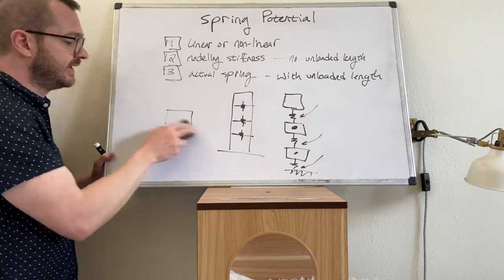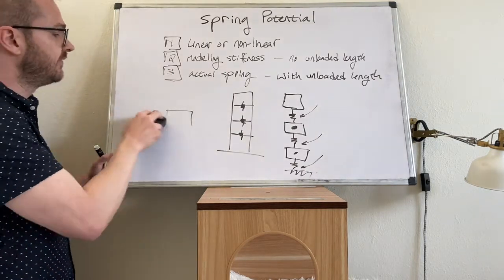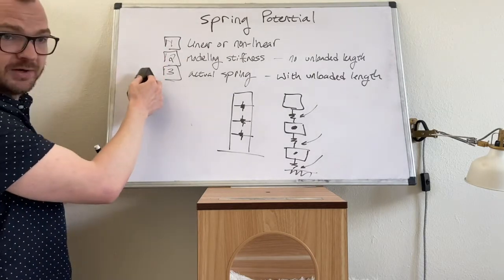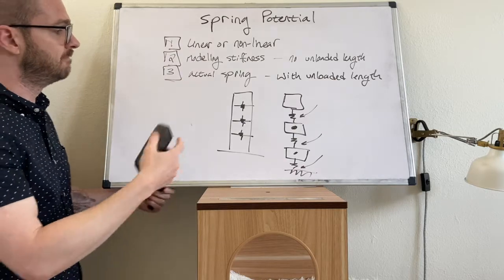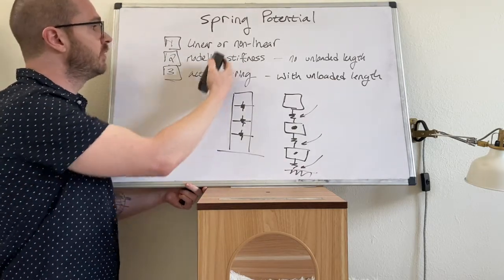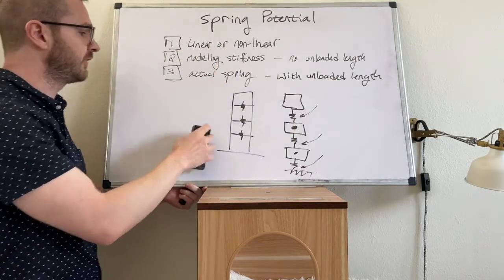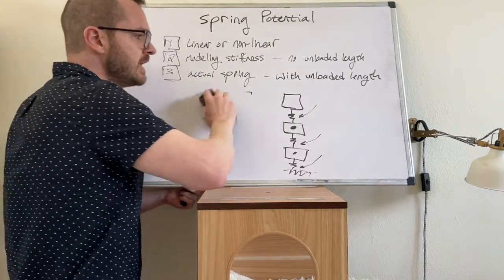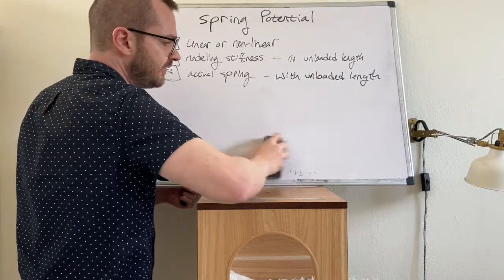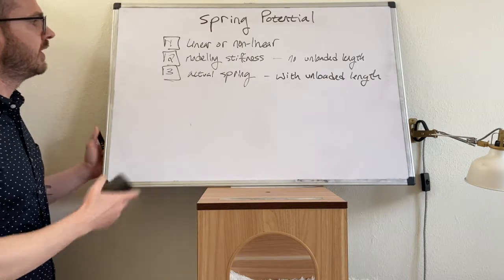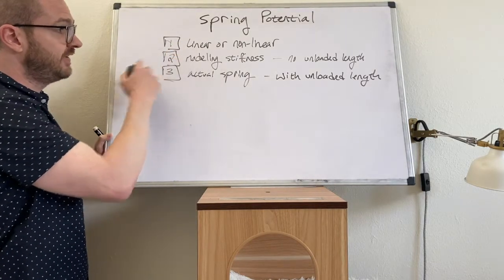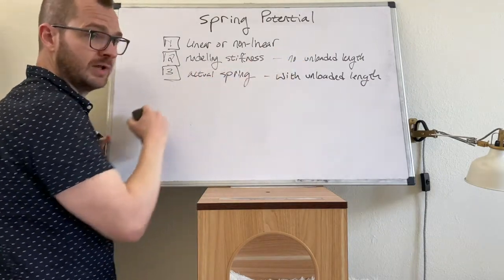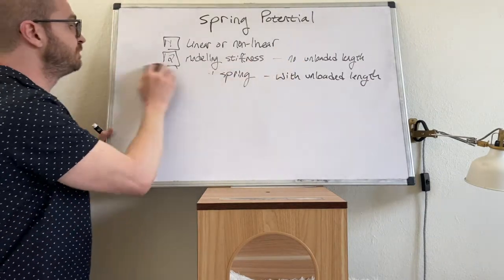But again, if you've made it this far in the video series, and you can follow what I'm going to do for these first two examples with the linear springs, then you could work these more difficult ones, and you could even introduce nonlinear springs. Okay, so let's clean this up and let's get started, and we're going to begin by doing a linear spring modeling stiffness, so no unloaded length.